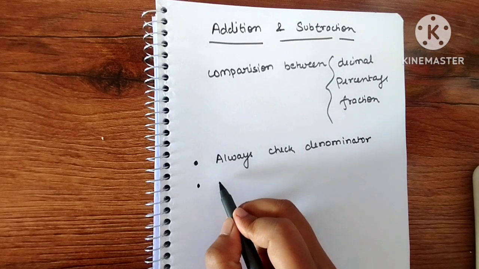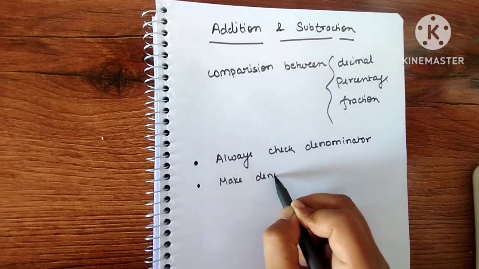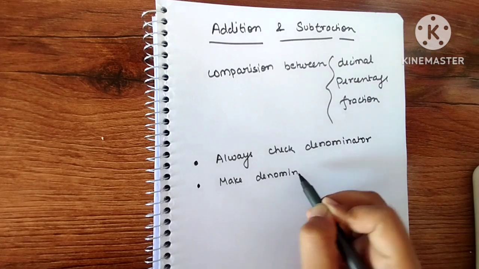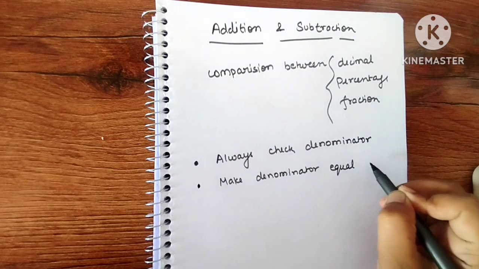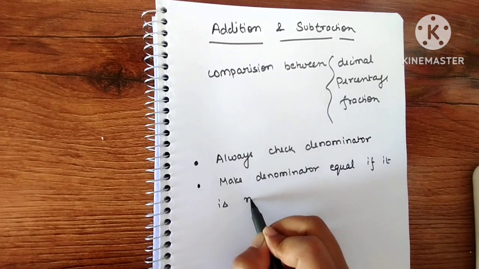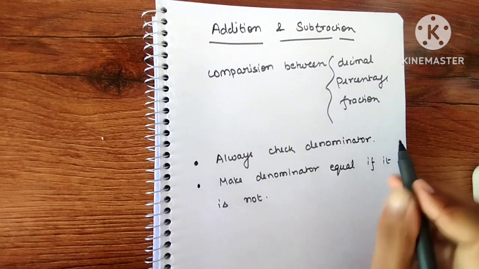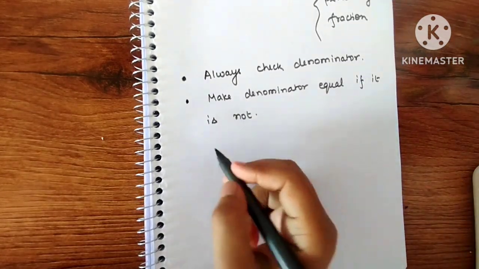Second thing, make the denominator equal if it is not. Just these two simple rules for addition and subtraction. Clear? So let's take some examples.